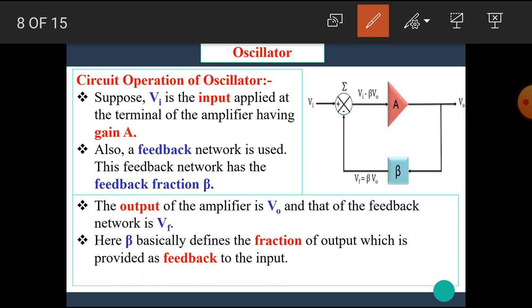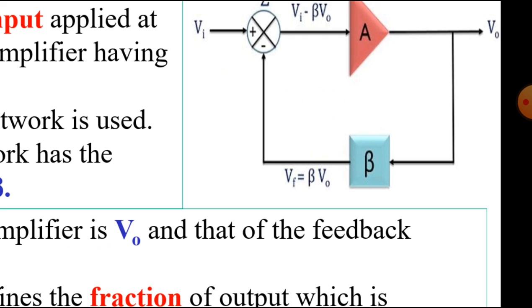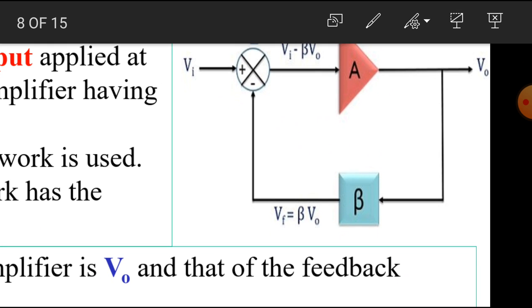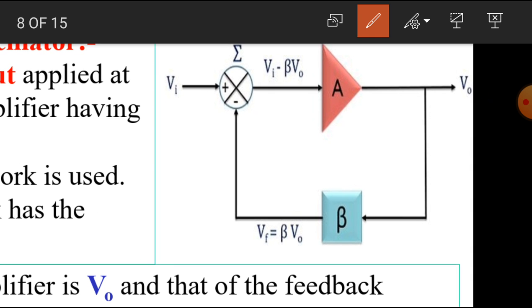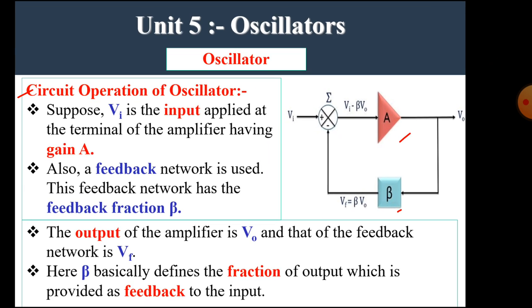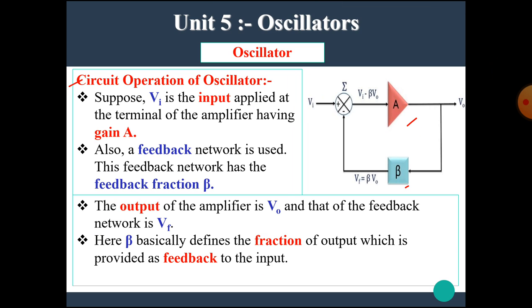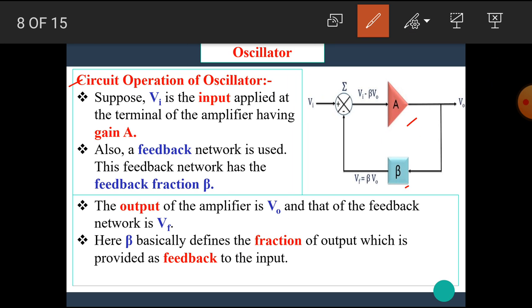Now let's see the circuit operation of the oscillator. This is the circuit of the oscillator, in which we can see there is an amplifier and a feedback path or feedback network. Now let's see the operation in detail.